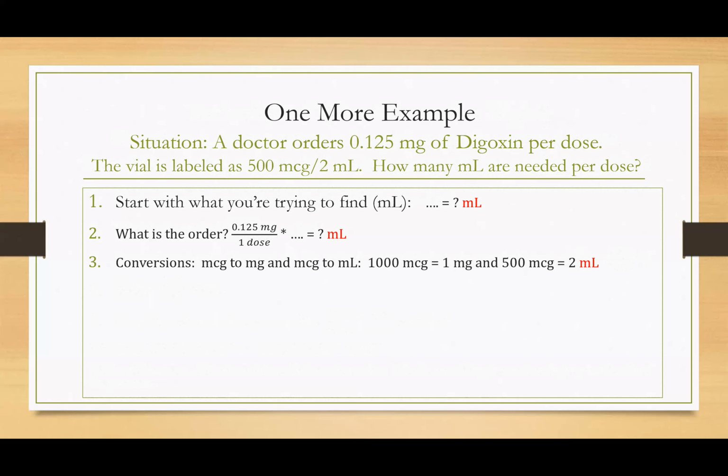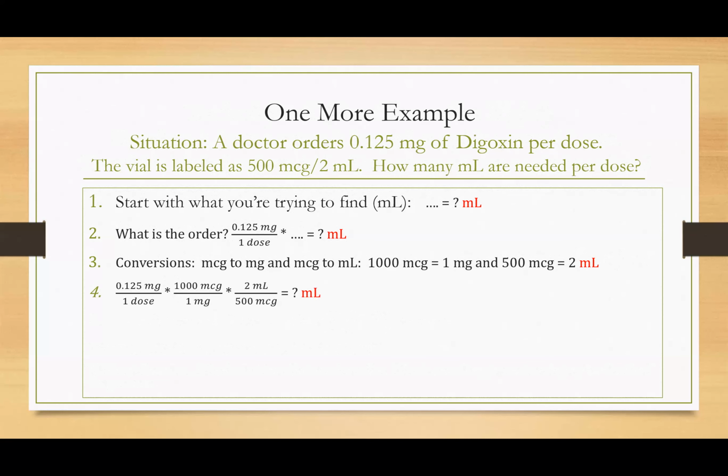The conversions we need to go from micrograms to milligrams and micrograms to milliliters. So we should know, we have 1,000 micrograms equal to 1 milligram. And the order is given as 500 micrograms per 2 milliliters. And again, the focus is on the milliliters.